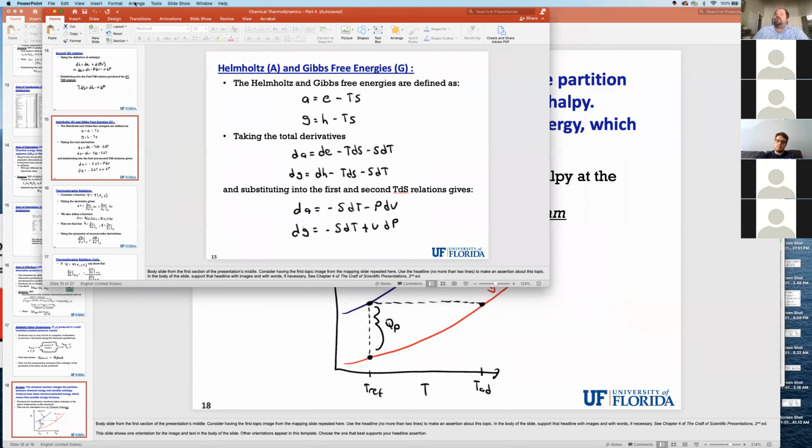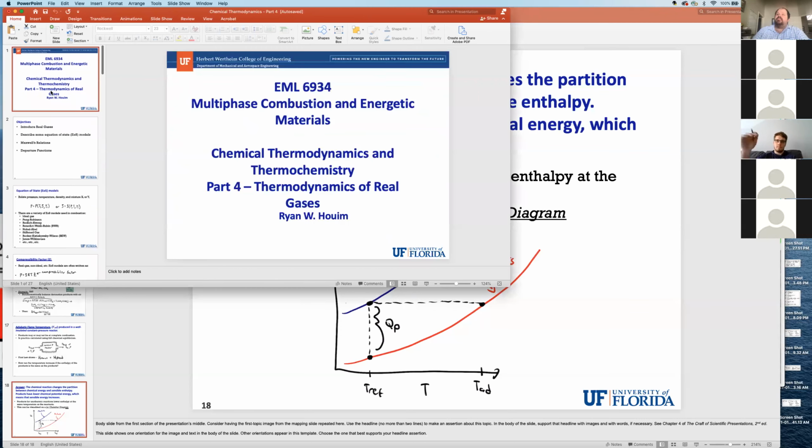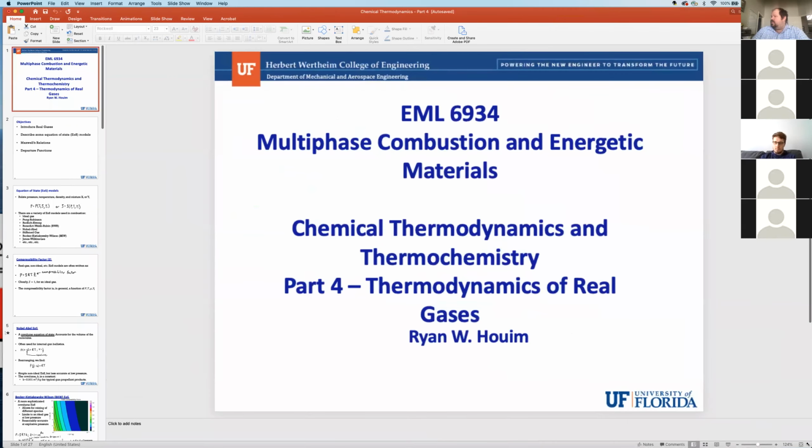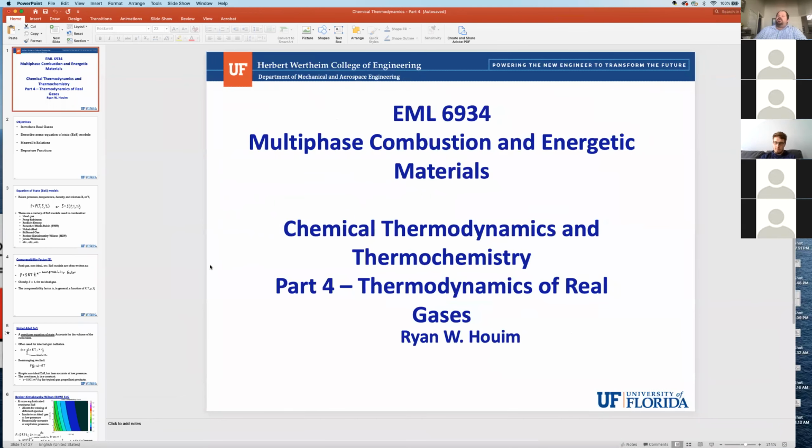Okay, so on to part 4. Up to now, we have been dealing with ideal gases. In this class, since a lot of the pressures we deal with are extremely high, we need to discuss some stuff about real gases.